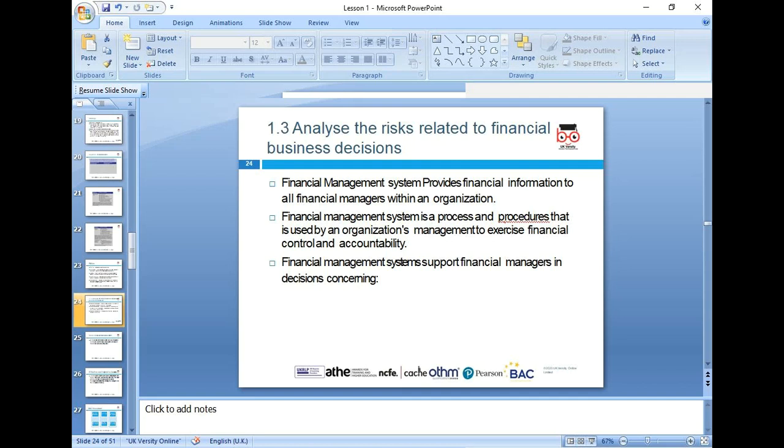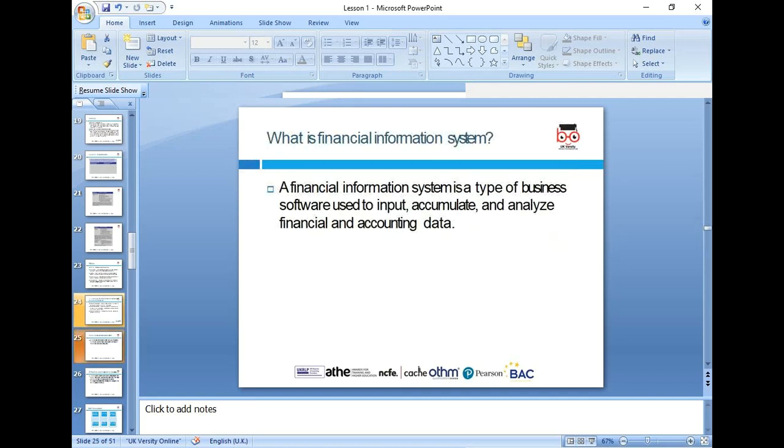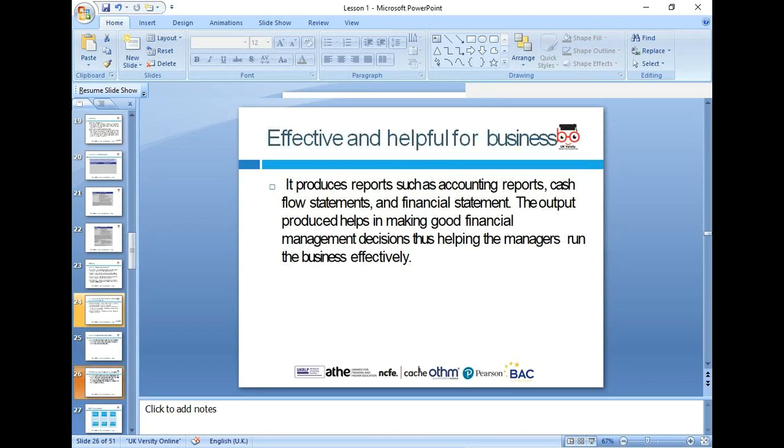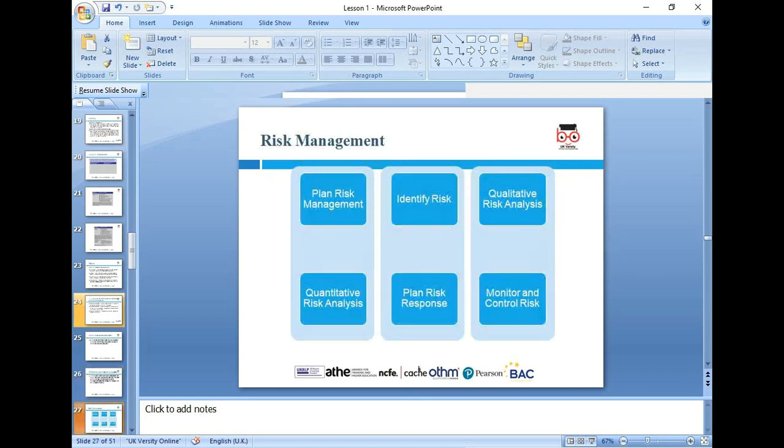It produces reports such as accounting reports, cash flows, and various other statements. It's also relevant when we look at the risk management side. So we look at the information that will help to plan the risk management, identify the risk, qualitative risk analysis, quantitative. Do we know quantitative and qualitative?